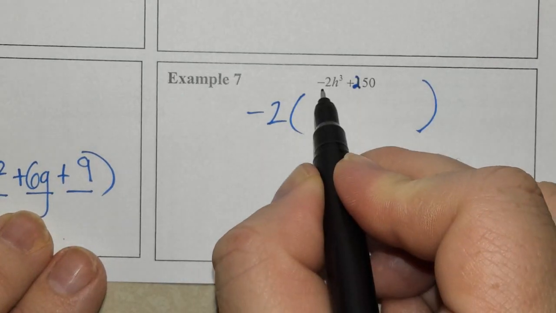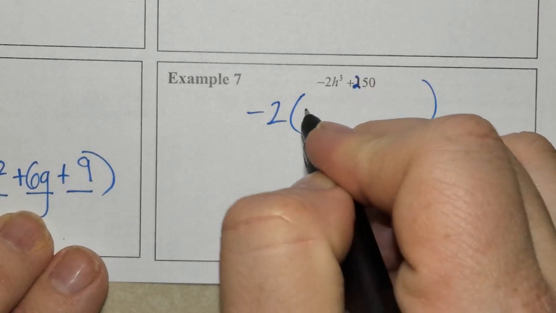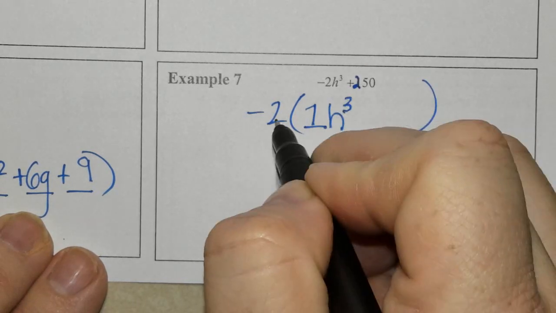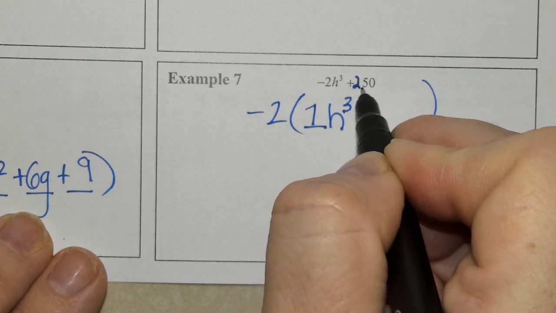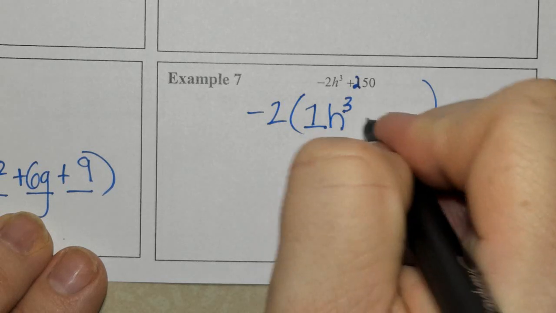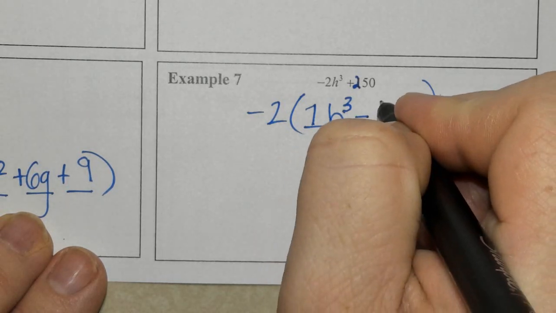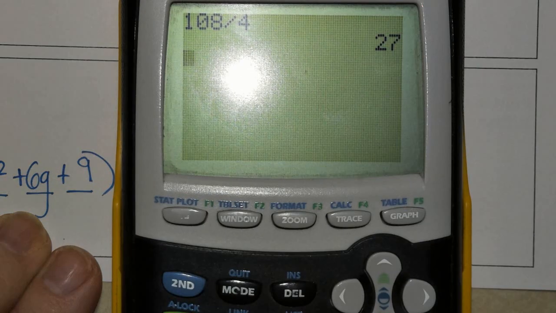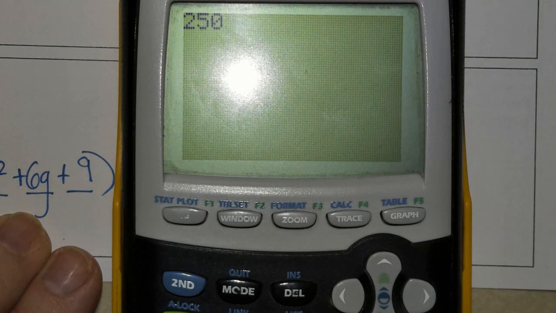-2 times what would give you a -2? -2 times 1. Attach the h cubed. -2 times what quantity would be a positive 250? -125. Now, how can you do that? Take 250 and divide it by the factor out front, which is -2, which you're factoring out.